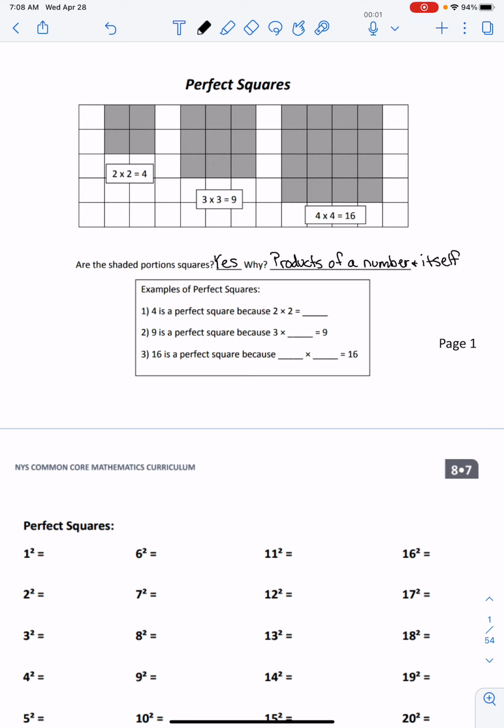So examples of perfect squares. 4 is a perfect square because 2 times 2 is 4. 9 is a perfect square because 3 times 3 equals 9. 16 is a perfect square because 4 times 4 is 16.